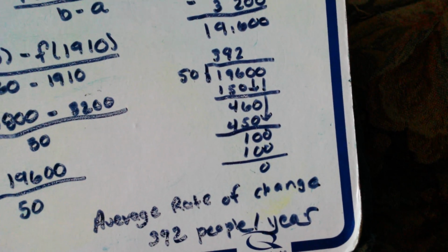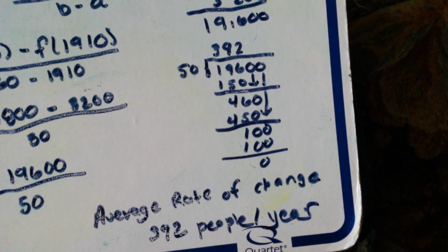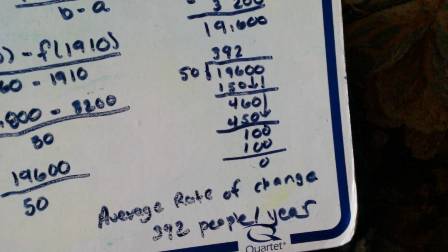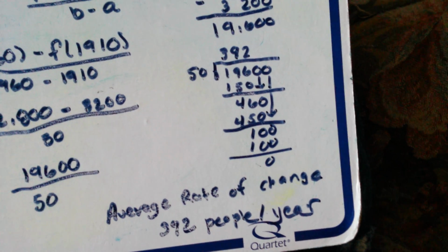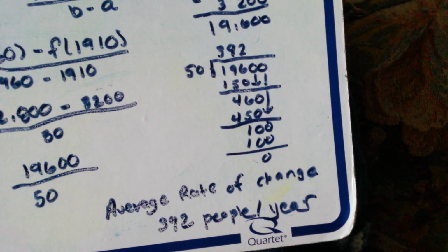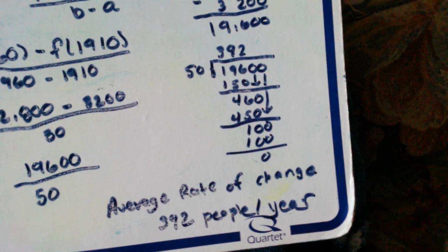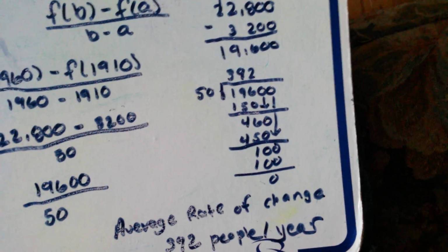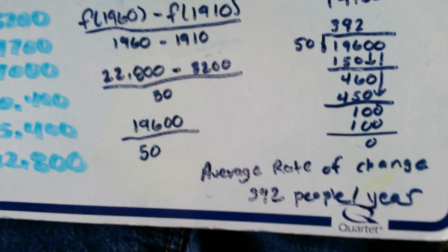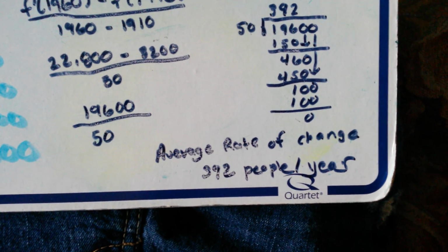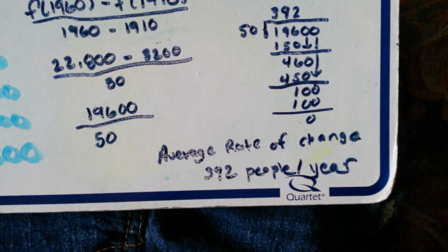That would be 450. 460 subtract 450, easy, 10. Bring that other 0 down, it'd be 100. And you know 50 would go into 100 2 times. That'd be 100. Subtract that, 0. That gives us 392. Go back over here. The answer is 392 people per year. That's the average rate of change right there.